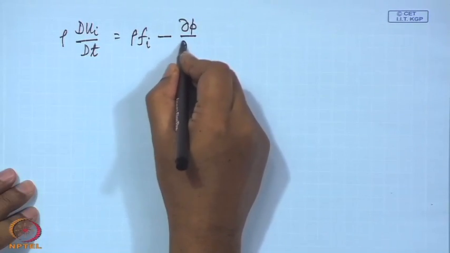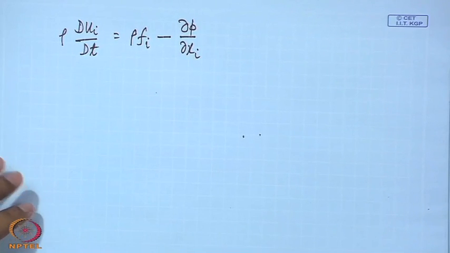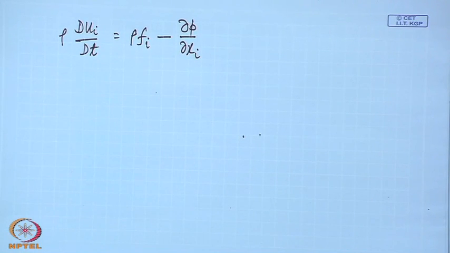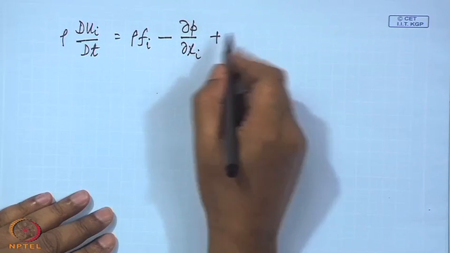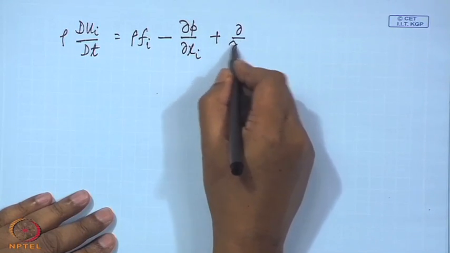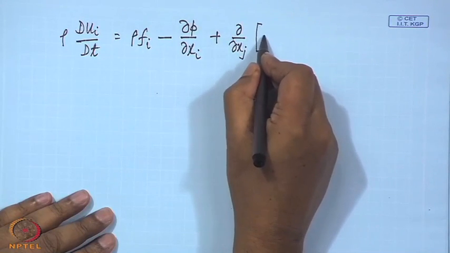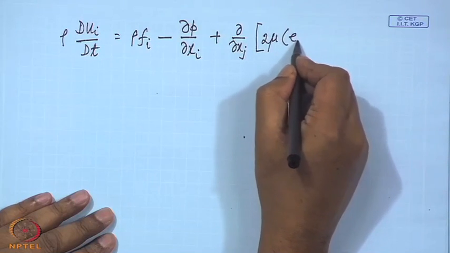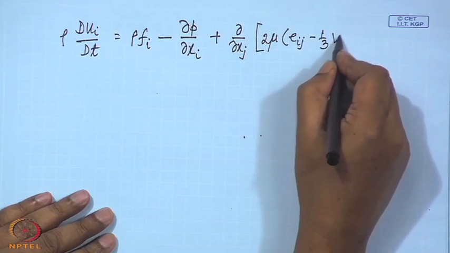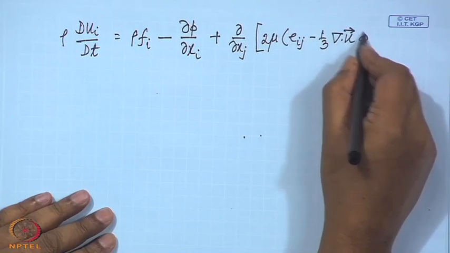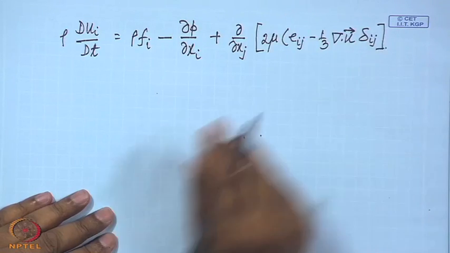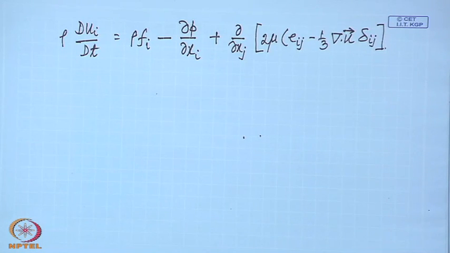That term can be written as minus ∂p/∂x_i, plus the remaining term ∂/∂x_j of 2μ E_ij minus 1/3 divergence of u δ_ij. This ∂p/∂x_i is basically the gradient of pressure.